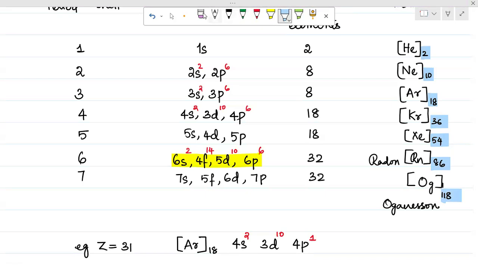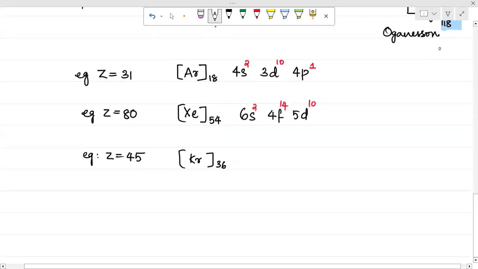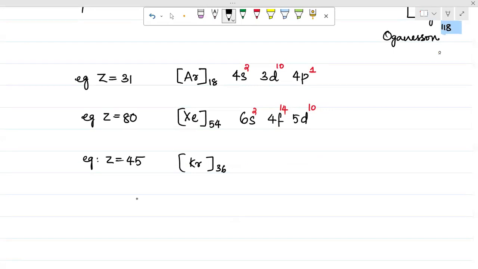Okay, this can be actually drawn if you want. This thing can be drawn at the moment, or you can find it by n plus l, anything. Okay, so now you are at krypton and you know that this is at the end of the fourth period. Now you need how many more? 9 more. And we know that next one would be 5s and then 4d, 5p. Correct?